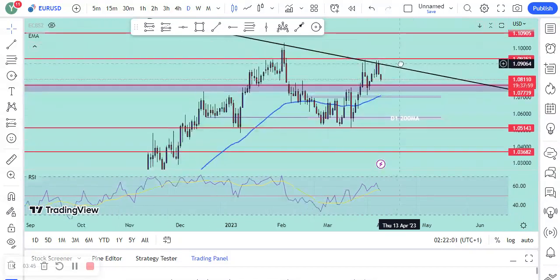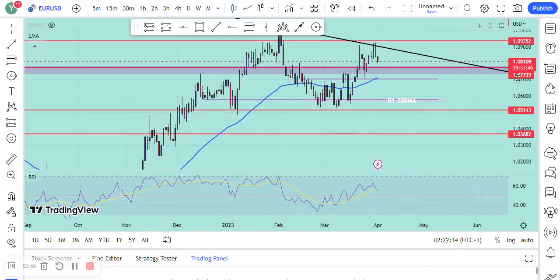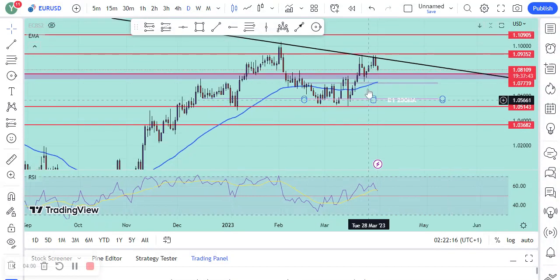And as of today, first Monday, third of April, price has started coming down, because once the price is unable to break that zone, we know that the next thing is for price to come down.